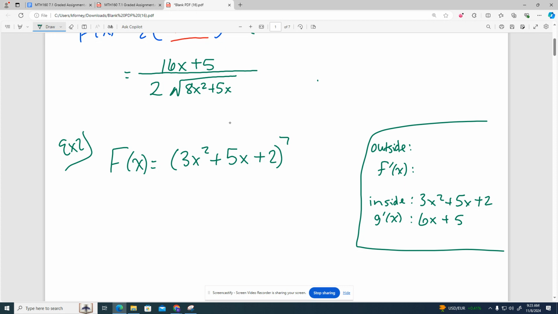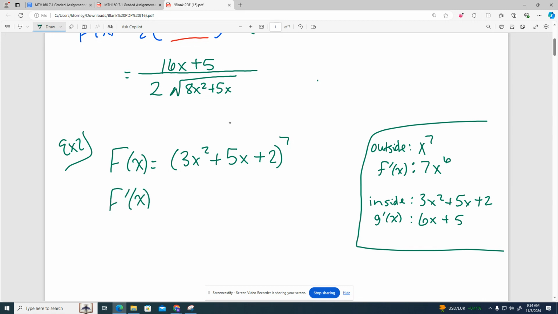So now the outside function is x squared. And so the derivative of that is just 2x. No, x to the 7th. That's to the 7th, so that's going to become 7x to the 6th. I'm just making stuff up. It's x to the 7th, because that's a 7. So the derivative is 7x to the 6th.